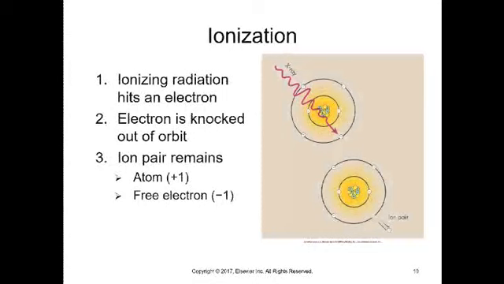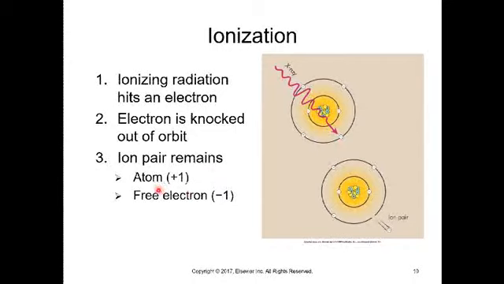The structures of matter. Again, we're going back into ionization, which, what is ionization? It's the removal of an electron from an atom. Here's your incident X-ray coming in, and it's interacting with an electron of one of the orbital shells. Okay, so ionizing radiation hits, the electron is knocked out of its orbit, and then you have ion pairs that remain.